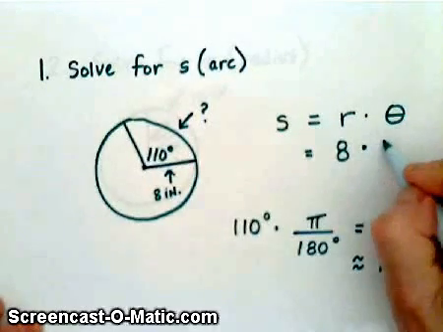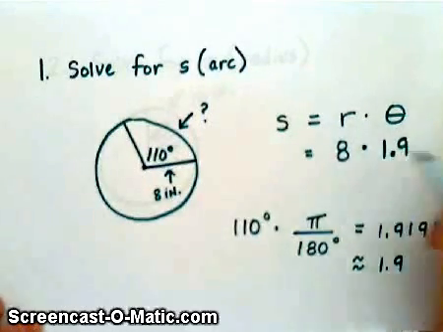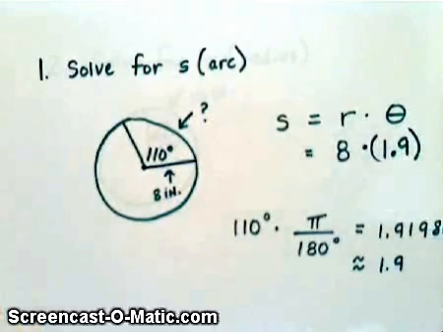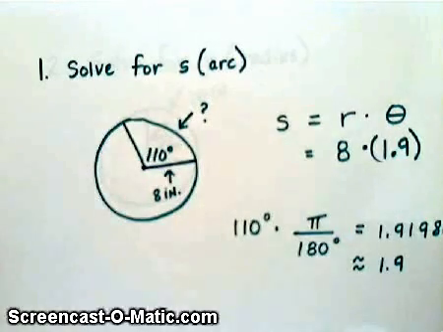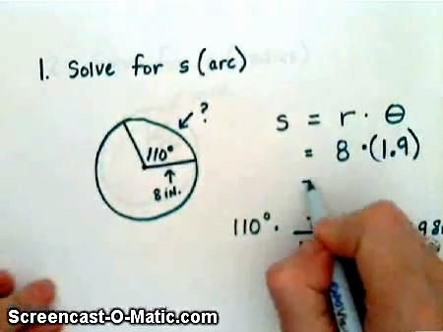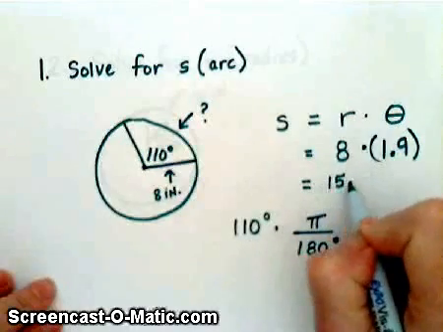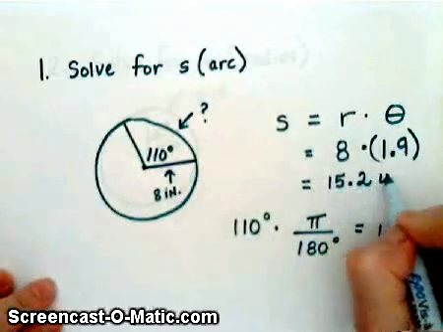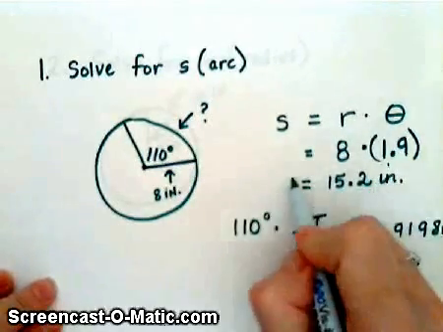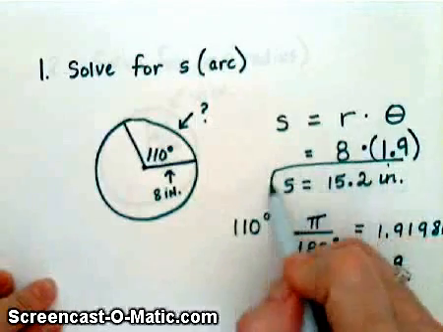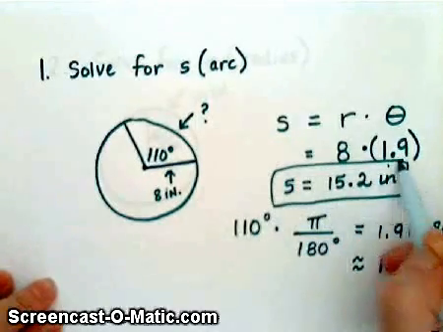So I'm going to go back to the formula, and I'm going to say 8 times 1.9 radians. Your instructions for rounding will be included in your problem. Multiply those together, and this is 15.2. And then we pick up the unit from the radius, which is inches. And so the arc length here is 15.2 inches.